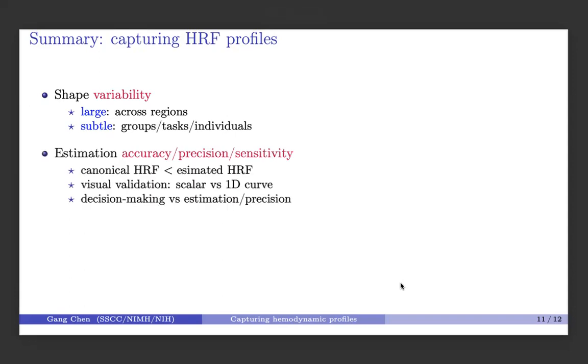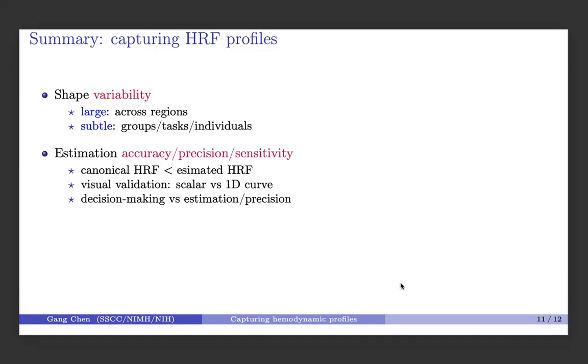In terms of modern approach, I hope I have convinced you that the estimation approach is a better way to go. It improves accuracy, precision, and detection sensitivity, right? I believe this estimation approach can greatly improve on the canonical HRF at a small cost.